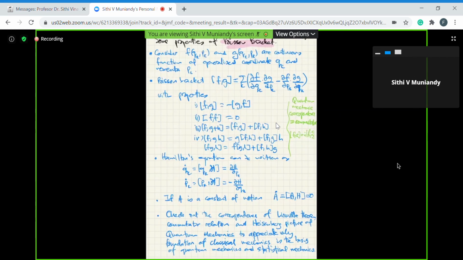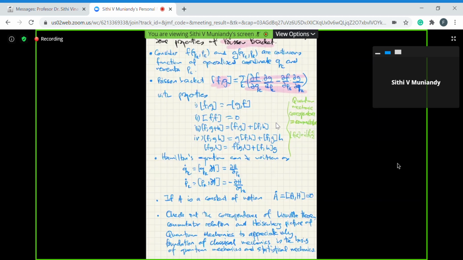All right. So you can check out the properties of the Poisson bracket. I don't want to go into these details over this online session. So the Poisson bracket is defined for arbitrary quantities, not just f, in this form. You can see it's a cross.